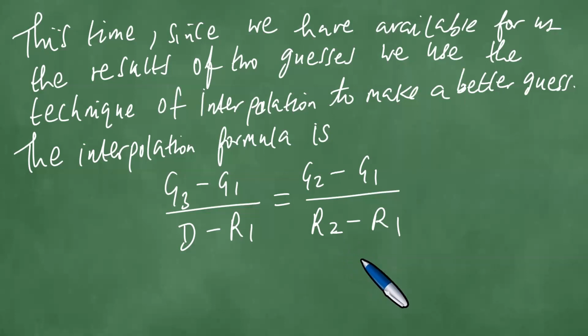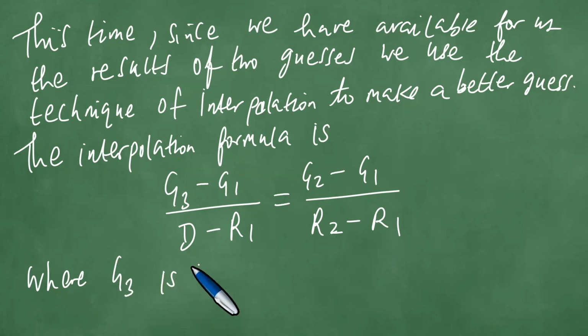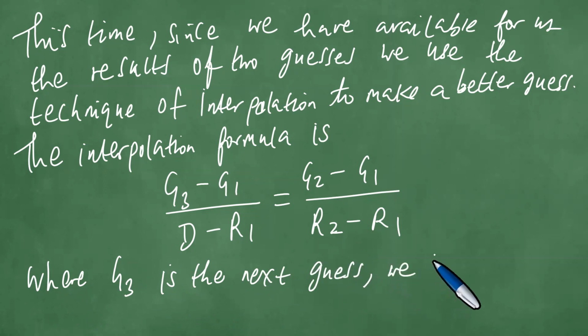Now we have this interpolation formula where G3 is the next guess.